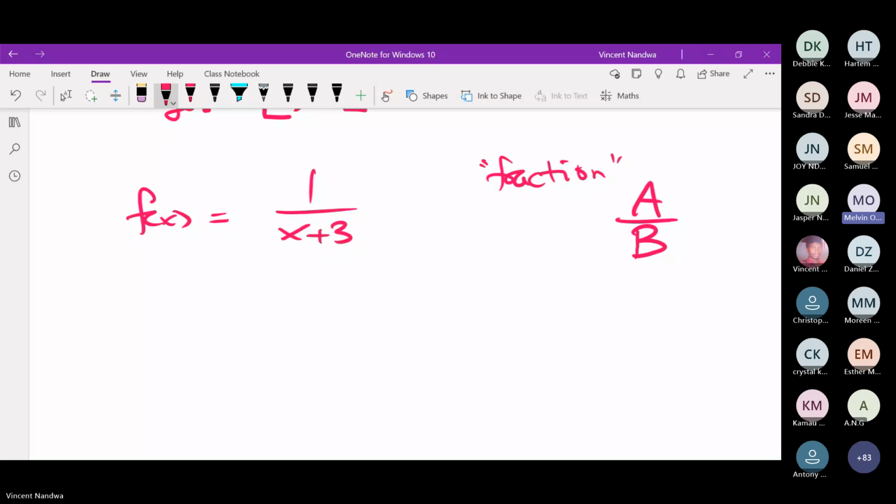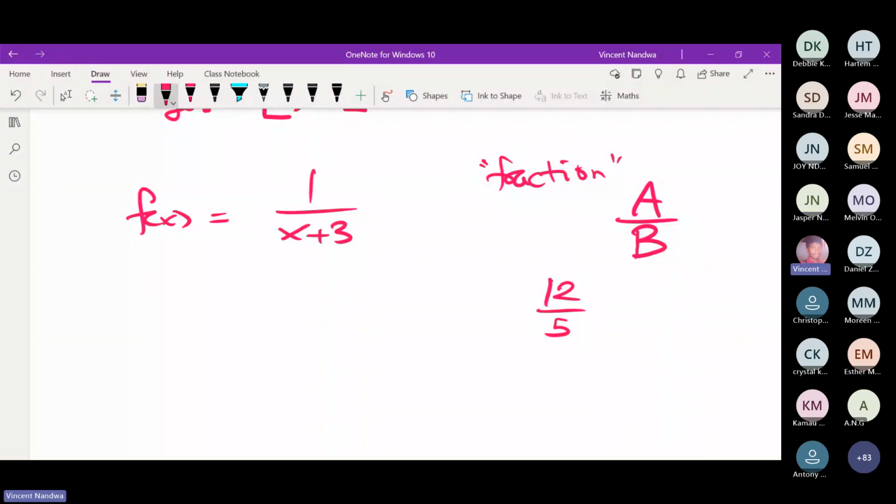B must always be greater than A. Okay, there's no problem. This is still a fraction. So that's really not necessary. It just gives a different name, proper and improper fractions, but there's no problem with that.